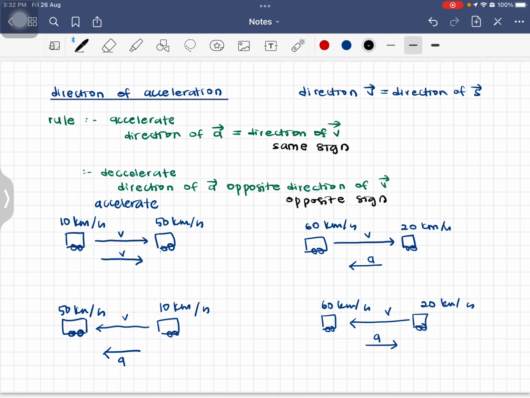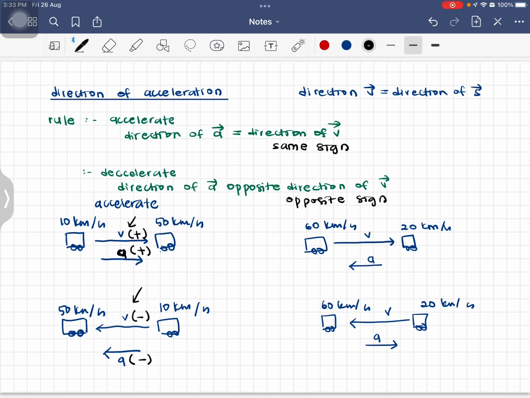Look at the first situation where your V is to the right, so your V is positive. This is A, sorry. Okay, so your A is also positive. You can say both are the same sign, both are positive. Okay, situasi yang bawah pula, your V is to the left, your A is also to the left. So both have the same sign. So it shows that it is accelerate.